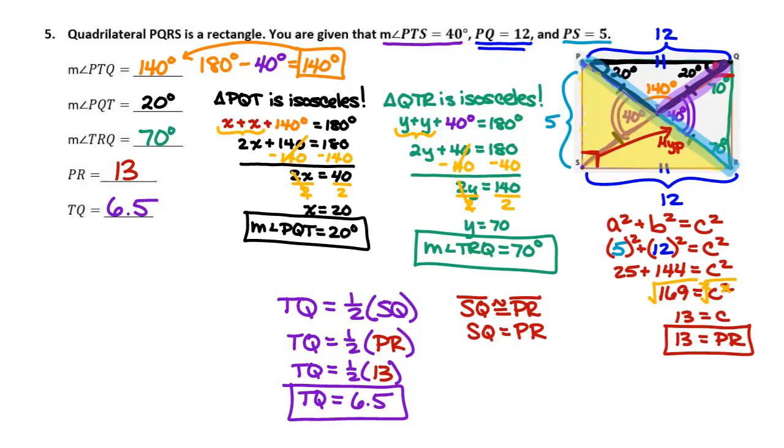Very nice work. Because those diagonals are congruent, we can find half a diagonal for the other one, because all 4 of those half diagonals are congruent to each other. Because we have 4 right angles, if I know 2 adjacent sides, I can use the Pythagorean theorem to find the diagonal.